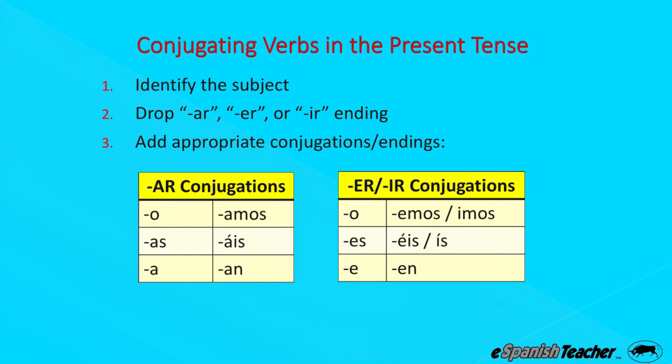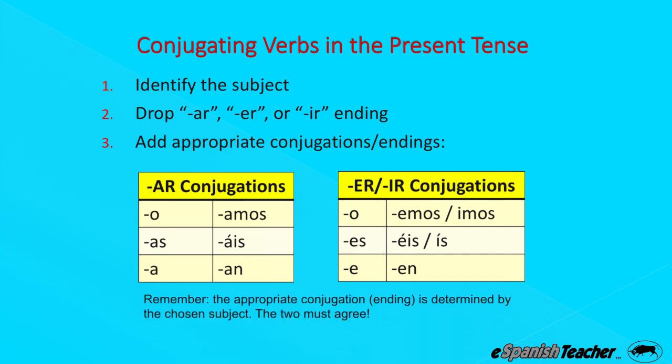Likewise, if ellas is your subject and it's an ER verb, then you would drop the ending from the verb and add the conjugation EN to the end of the verb. And a reminder, the conjugation you choose is dictated by the subject you're using in your sentence, so these two must agree. I think we've covered this 4 or 5 times already, but I can't emphasize it enough.